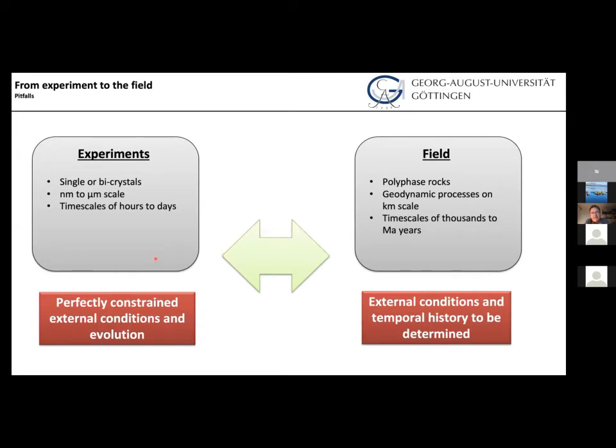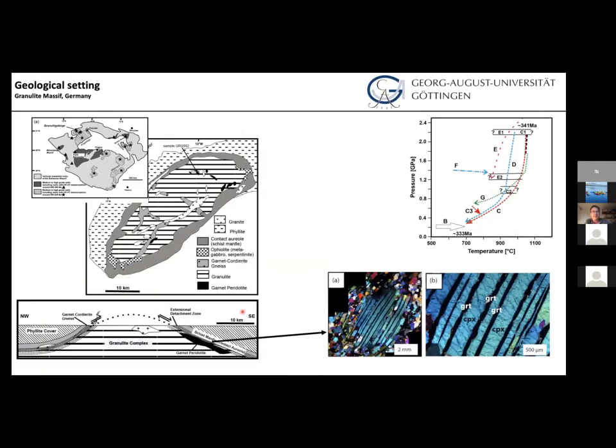In the field, that looks quite different, right? We have a lot of composite rocks where we have multiple phases in there. There are large-scale geodynamic processes that affect the PT distribution, and the timescales are much longer. So it's harder to actually get it well constrained.